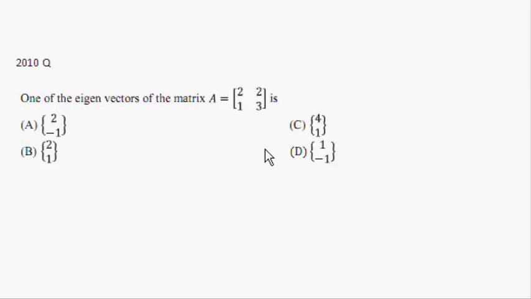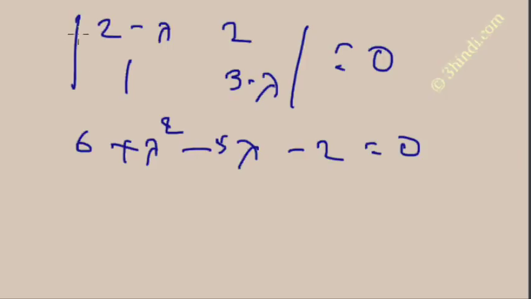This is a 2010 question. One of the eigenvalues of matrix A is this. To find the eigenvectors, you first need to find the eigenvalues, and the procedure of finding the eigenvalues is the same. Put lambda in the diagonal elements and the determinant is equal to 0.